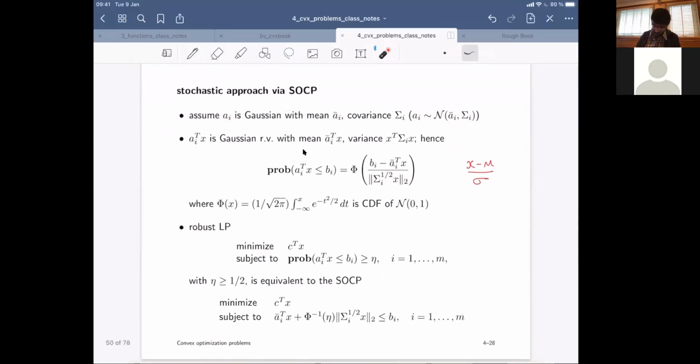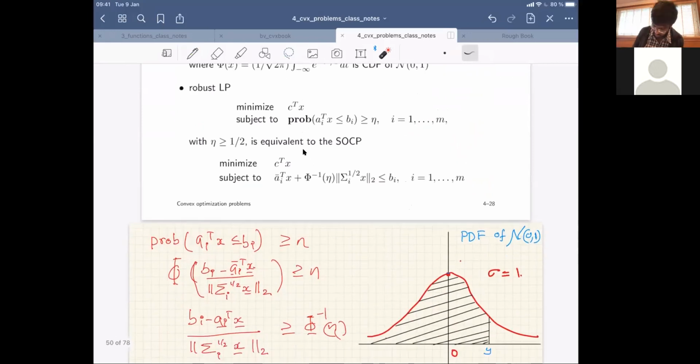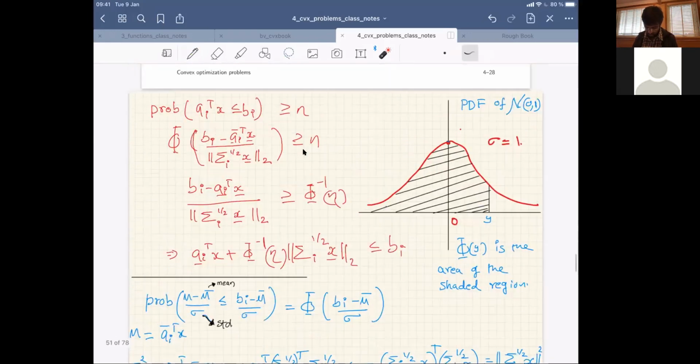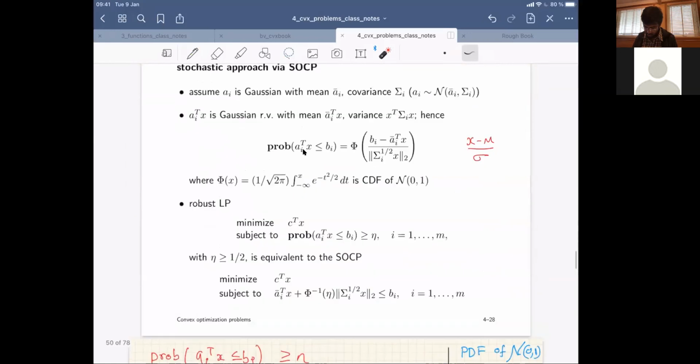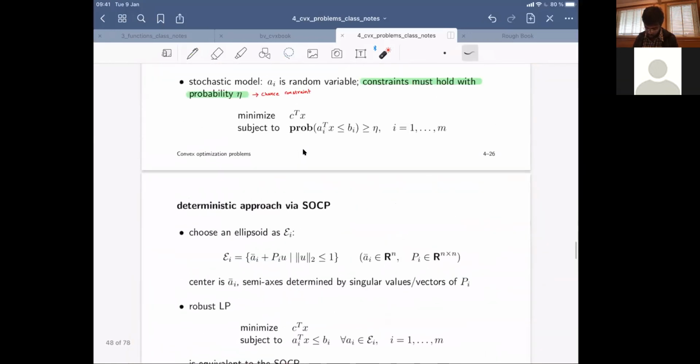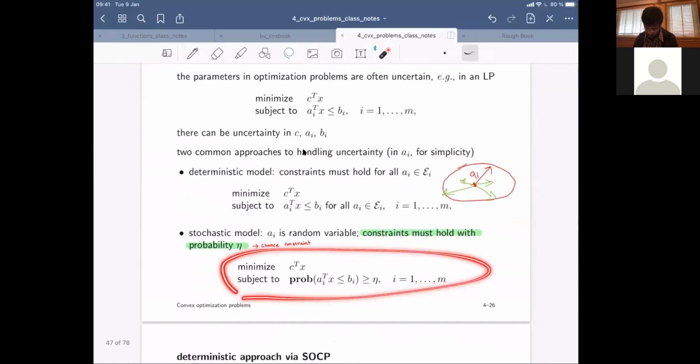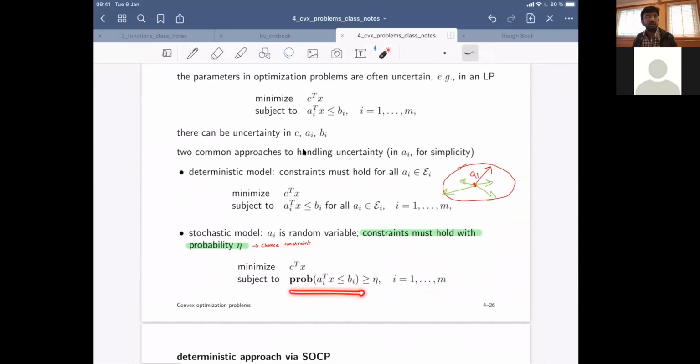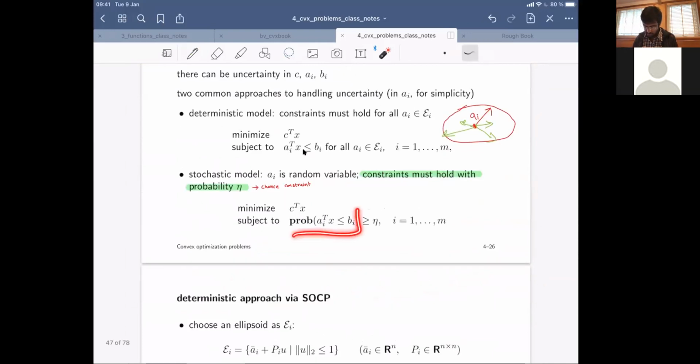And now let's see. What we want to do is to find this probability. So this is the stochastic approach where we introduce this chance constraint where we say that the probability that the constraints are satisfied is greater than a value of theta. So now we have to find what this is.